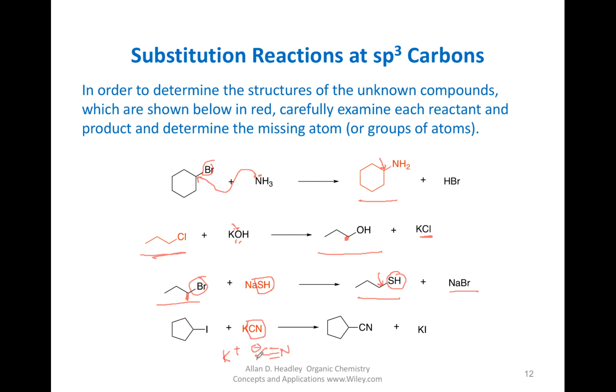And this has 2 electrons, as I pointed out earlier. So the bond would be this carbon bonded to this carbon as shown here. So you should be able to predict the products and reactions for substitution reactions.